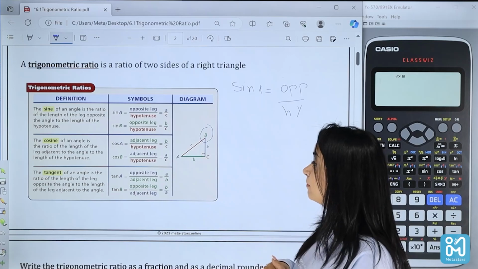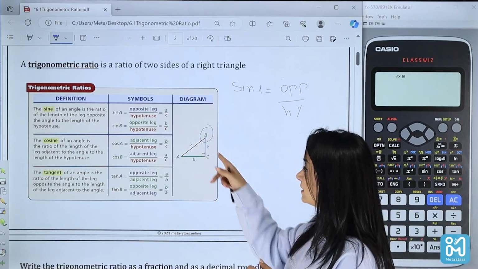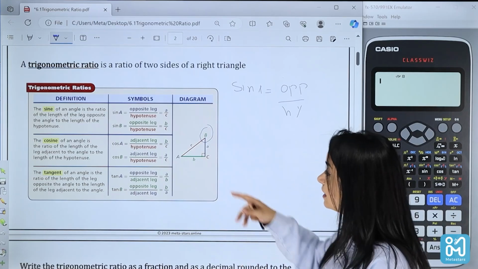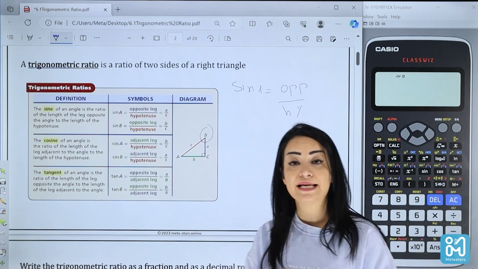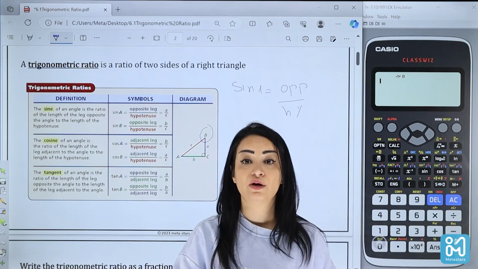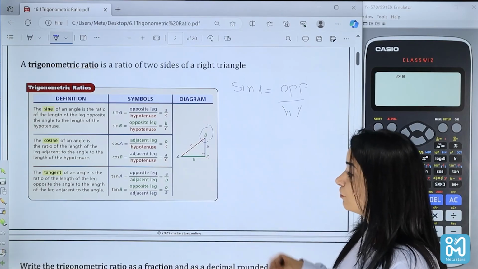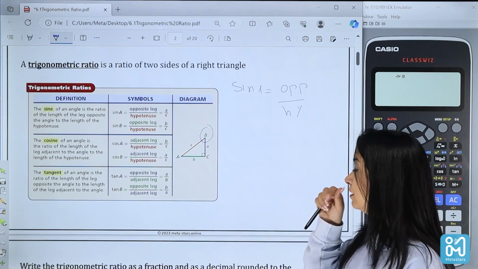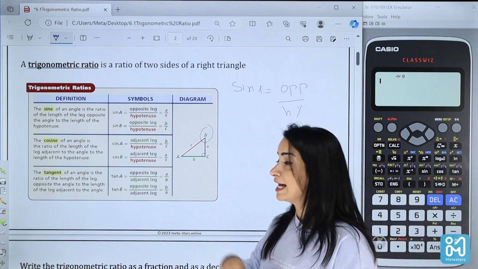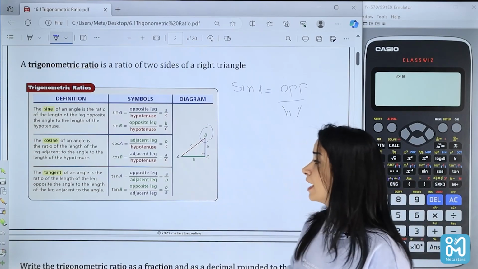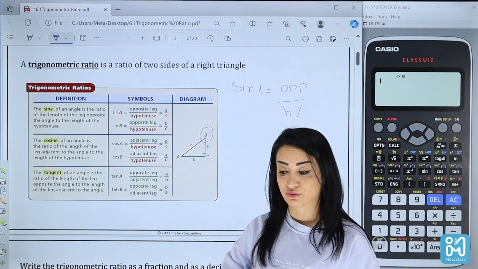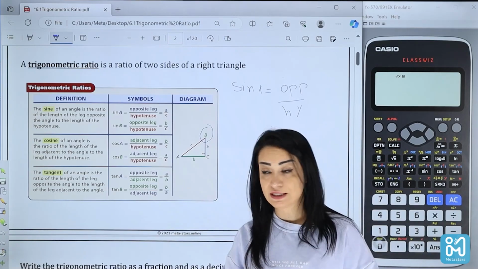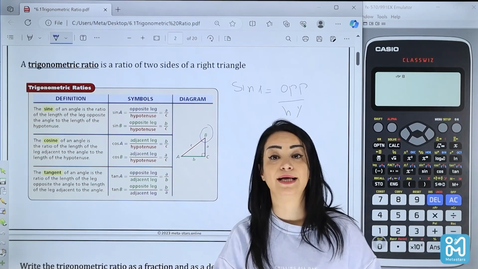What about the angle B? Which one is the adjacent? Adjacent is A and the hypotenuse is C. So the adjacent over the hypotenuse is the cosine ratio. Now, the third one, the tangent or tan. For tan A, the opposite side is A and the adjacent side is B. If we take the ratio of opposite over adjacent, we're going to call this relation tan.